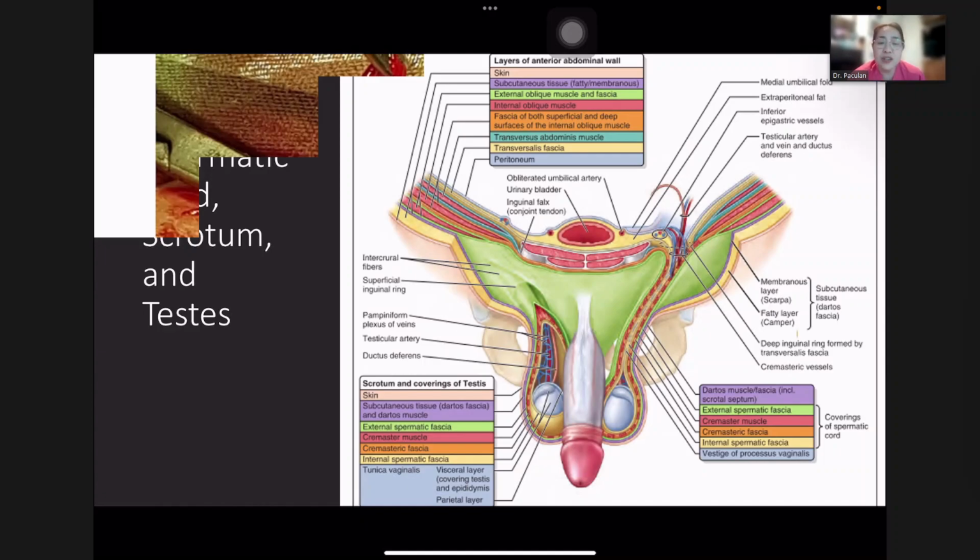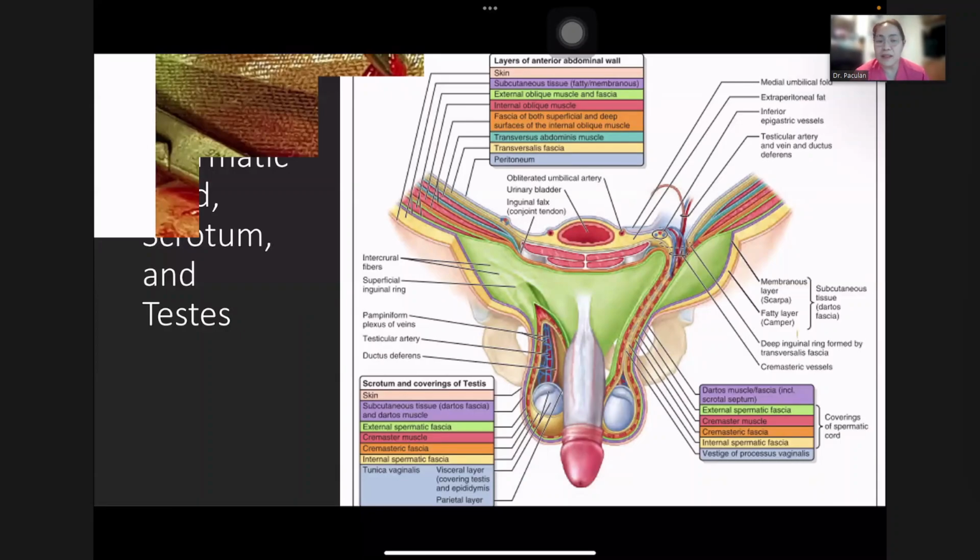I would like to teach you how to use this chart because the abdominal wall is not compartmentalized as we thought it is. It's actually a continuous layer, and that's why we call it the abdominopelvic region.